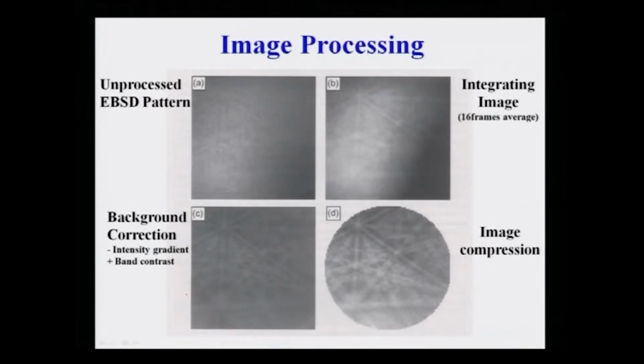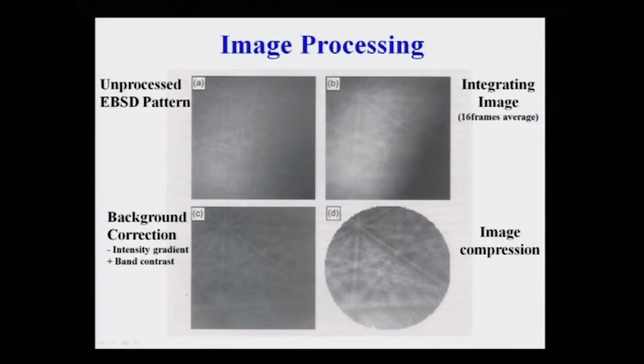The images or patterns which are obtained from the EBSD camera need to be processed, and as you see, the unprocessed EBSD pattern does not contain much information. So, normally we take several EBSD patterns from a particular case. If we select a point on the material and take several EBSD patterns from that, and then we just integrate them, the signal to noise ratio improves.